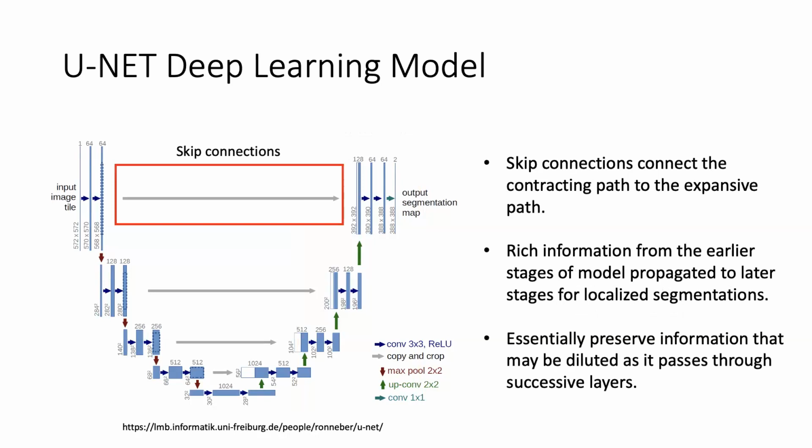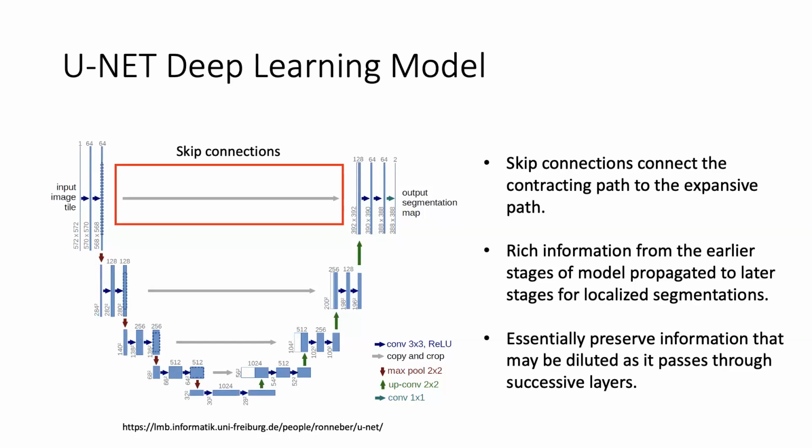What really makes the UNet model unique, however, are the skip connections. And so the skip connections are essentially features that connect the non-adjacent layers. So basically the contracting and expansive paths to each other. So when information is passed through these successive layers, some of that information can be diluted and lost.